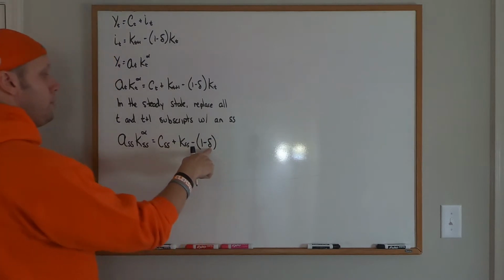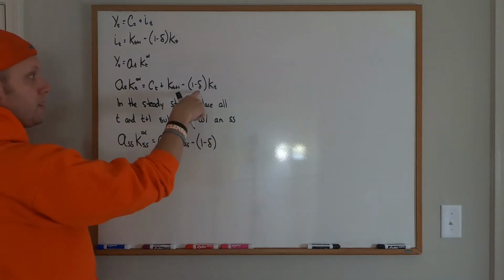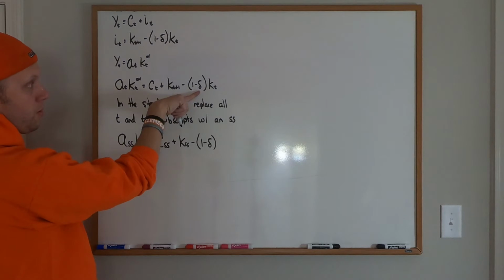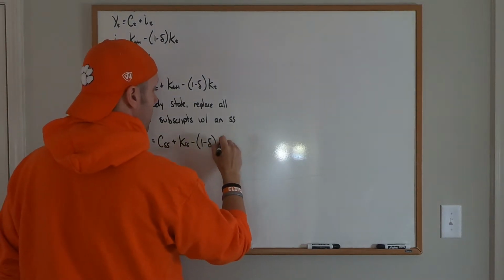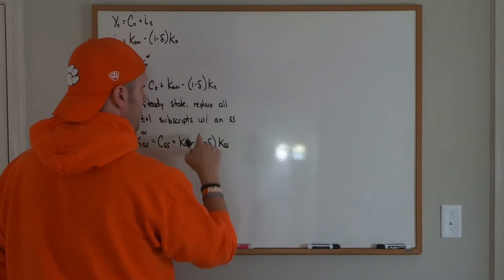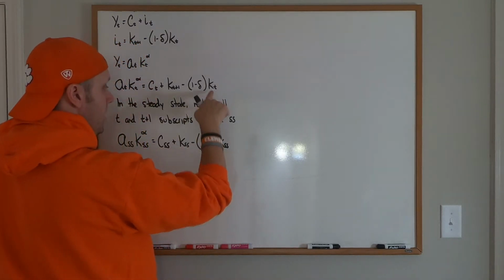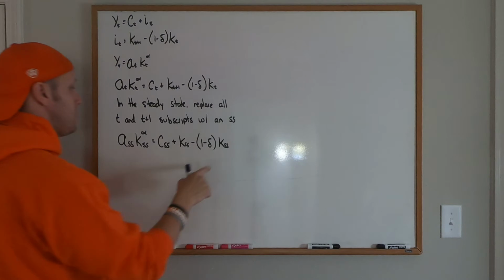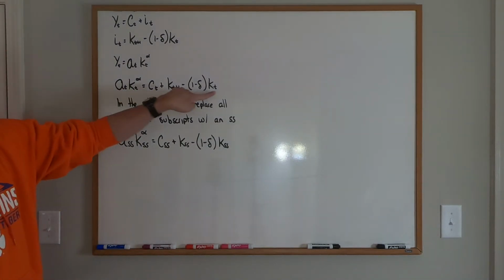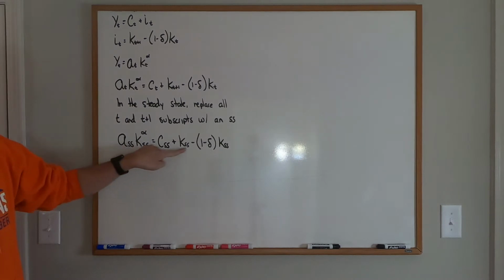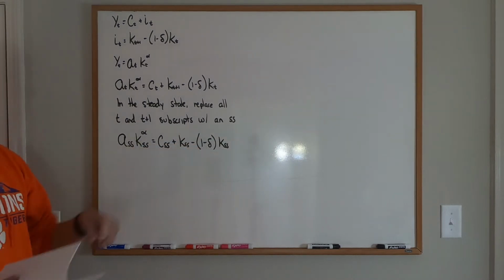There's no SS subscript for this delta here because it's a time invariant parameter in this model. We multiply this 1 minus delta times KT, so here it's 1 minus delta times KSS. If you look, every single subscript that I've got here has just been turned into an SS for steady state.